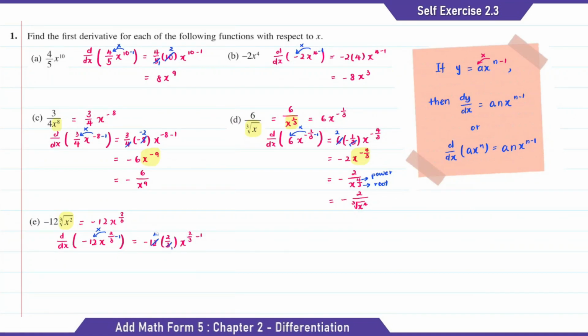Simplify the 3 with the 12. This is equal to negative 8 x to the power of negative 1 over 3. So to write the power in positive form, this is equal to negative 8 over x to the power of 1 over 3. This is the same as negative 8 over cube root of x.